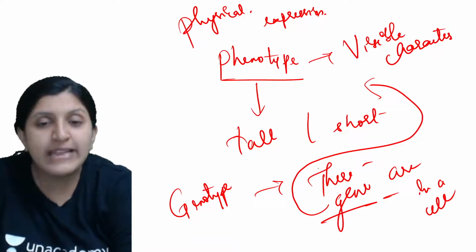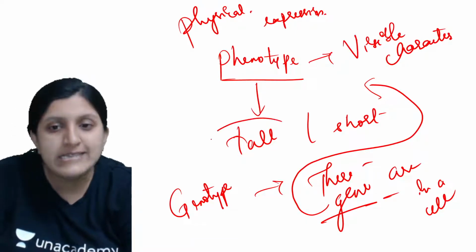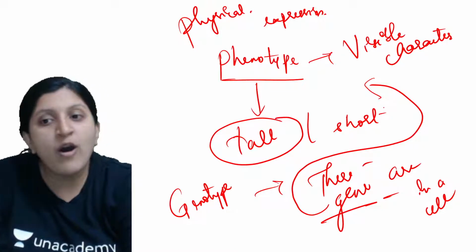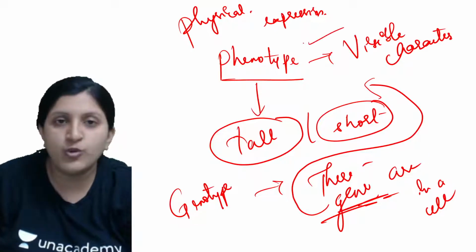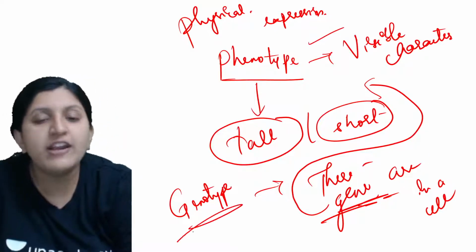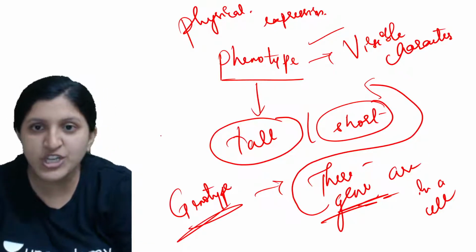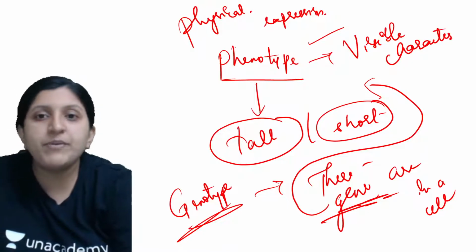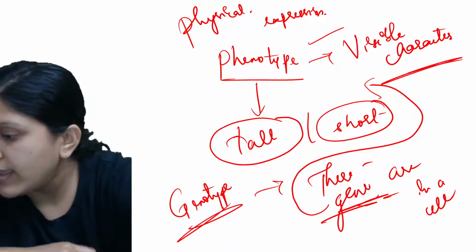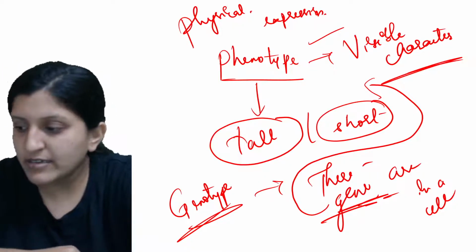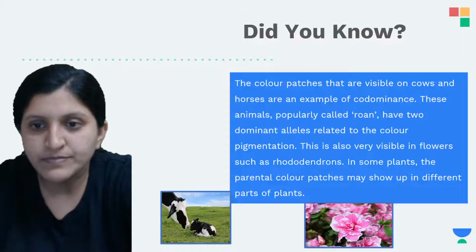Based on that control, the plant is either going to be tall or short, because these genes are controlling the phenotype. So the genetic makeup of a cell is called the genotype. Phenotype is the physical expression or the visible character. Is that clear, Piyush?